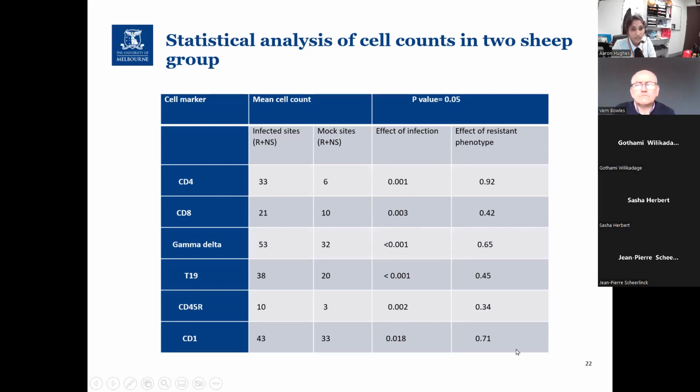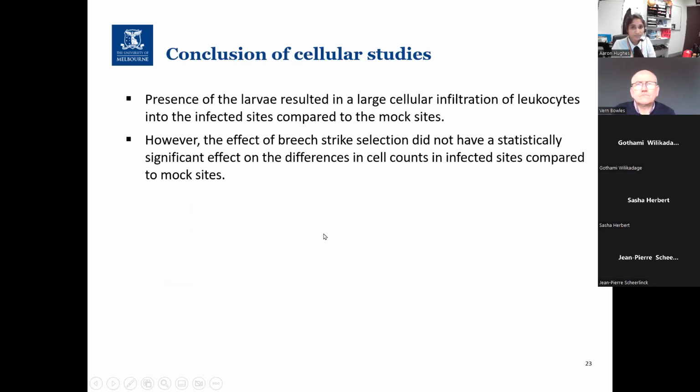significant. So in conclusion, we can say that the presence of larvae resulted in a large cellular infiltrate of leukocytes into the infected site compared to the mock site. However, the effect of Flystrike selection did not have a statistically significant effect on the differences we observed in the cell count of the infected site compared to the mock site.